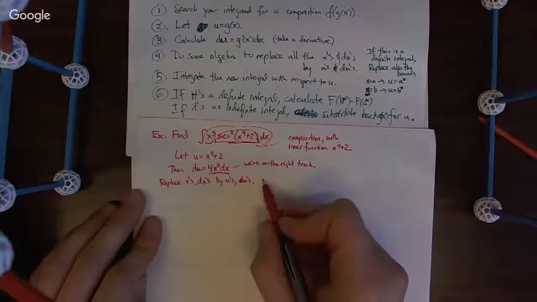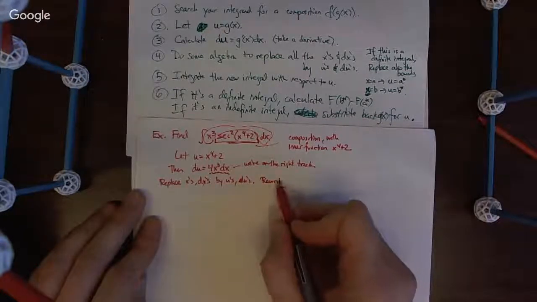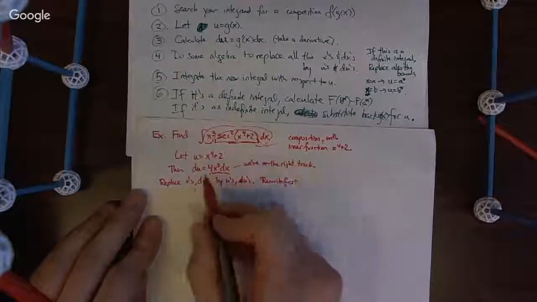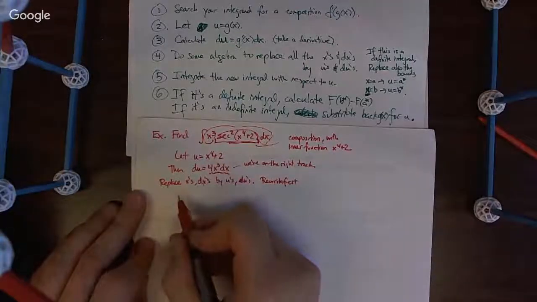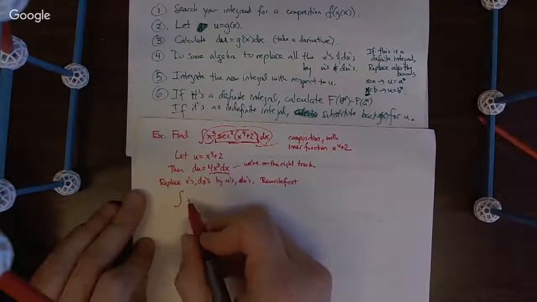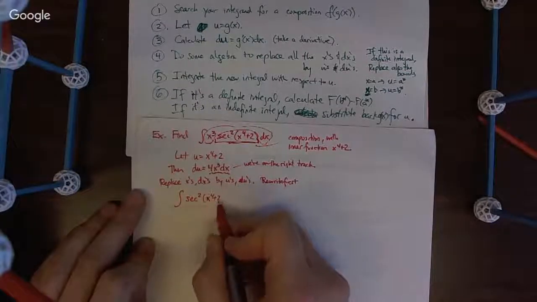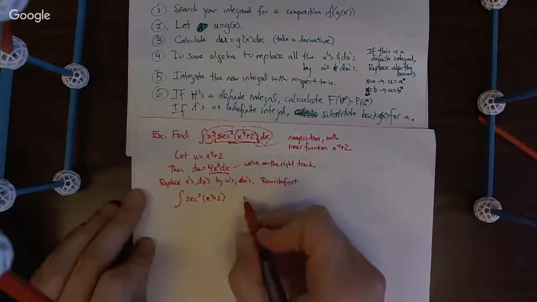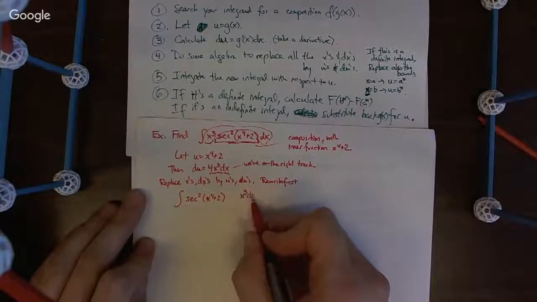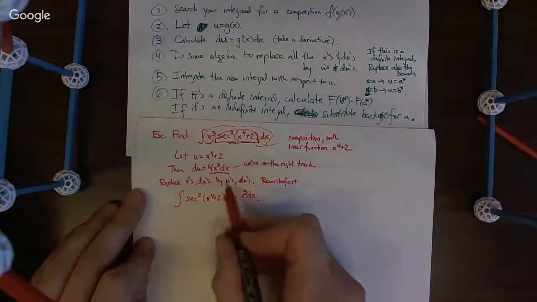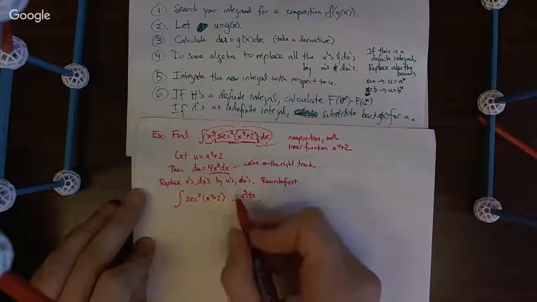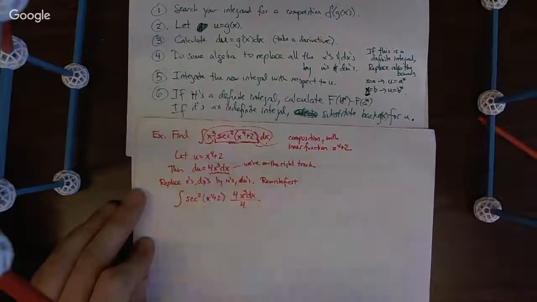Let's rewrite first. Let's get this du all by itself. So what do we have? We have the integral. Let's put the secant squared of x to the 4th plus 2 by itself, and then see what we have left. We have an x cubed dx. Now, we want 4x cubed dx, so let's multiply and divide by 4.